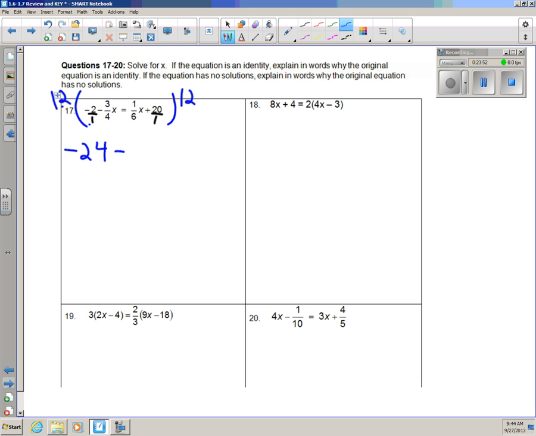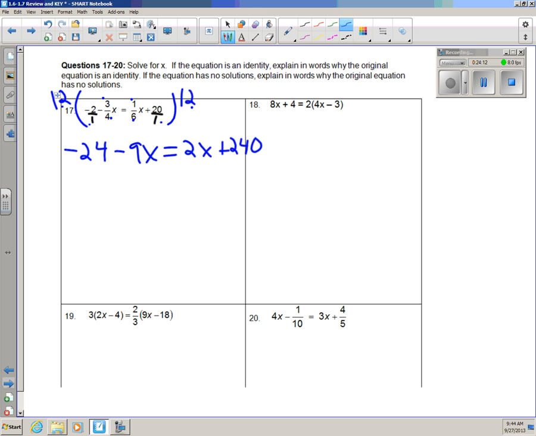Minus minus. 12 divided by 4 is 3. 3 times 3, 9x equals 12 divided by 6 is 2 times 1 is 2x. And then 12 divided by 1 is 12 times 20 is 240.